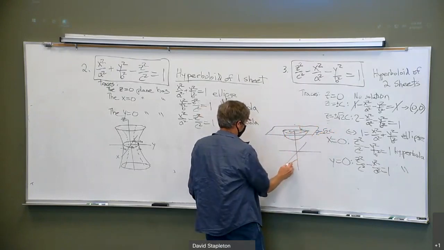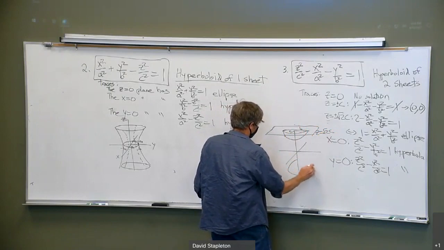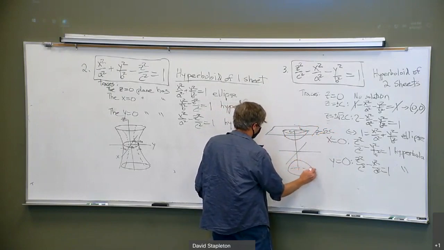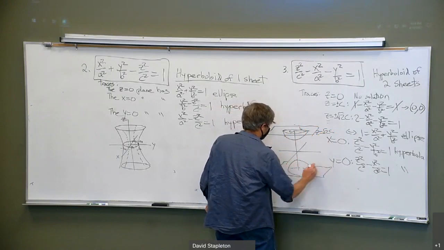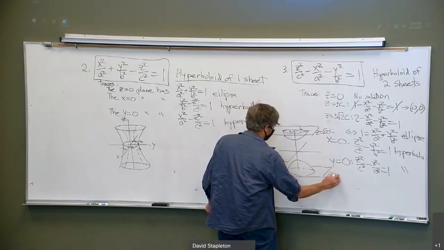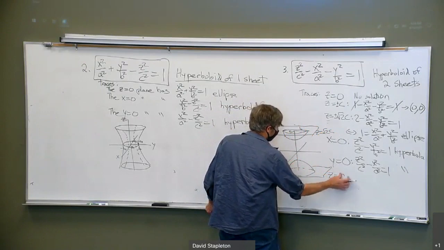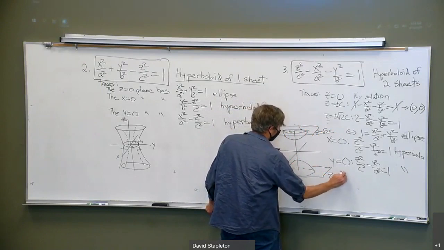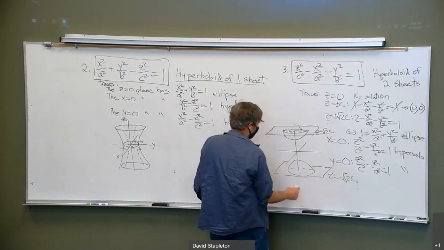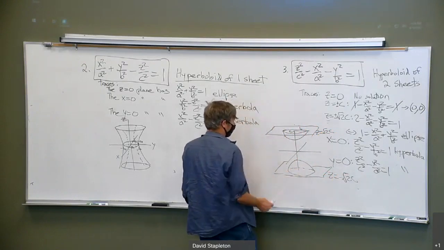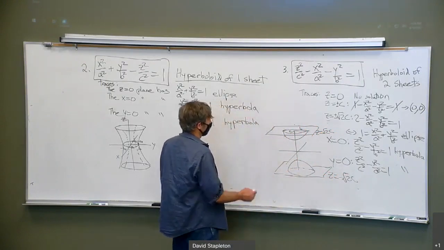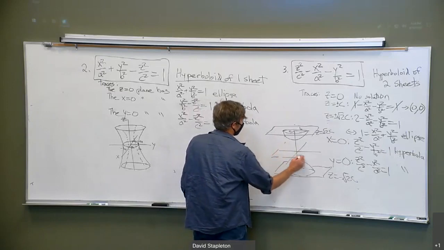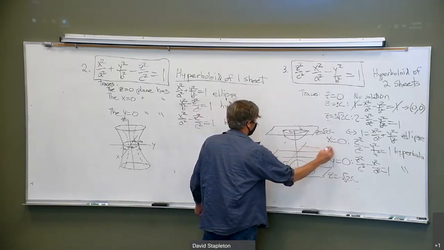And the same thing down here within the plane z equals minus square root 2 times c. You get an ellipse with semi-axes a and b. And in the middle, here's the z equals 0 plane. We got no solution.